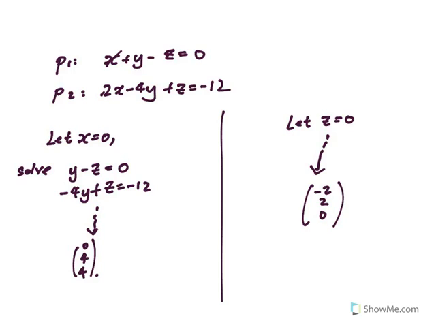Any more methods? Yes, use GC. Just use GC. You can also let y equal 0. Can also use GC. Can, but this is just not the method.